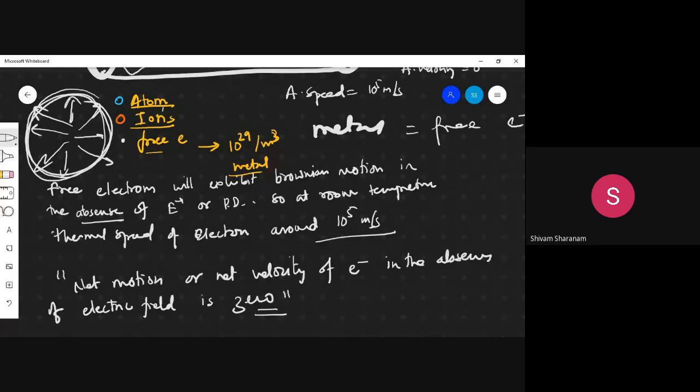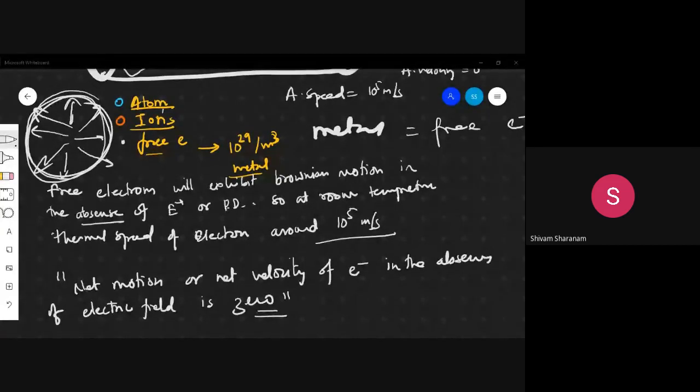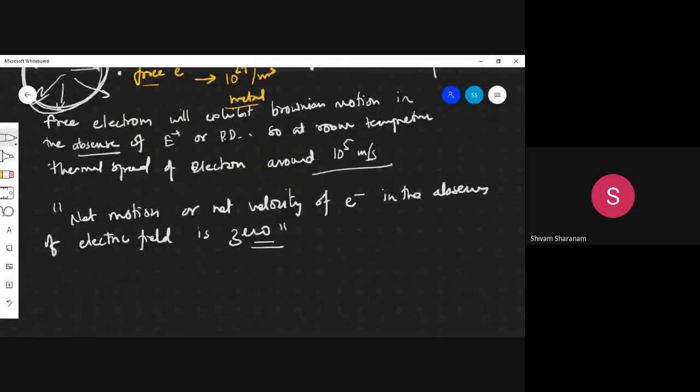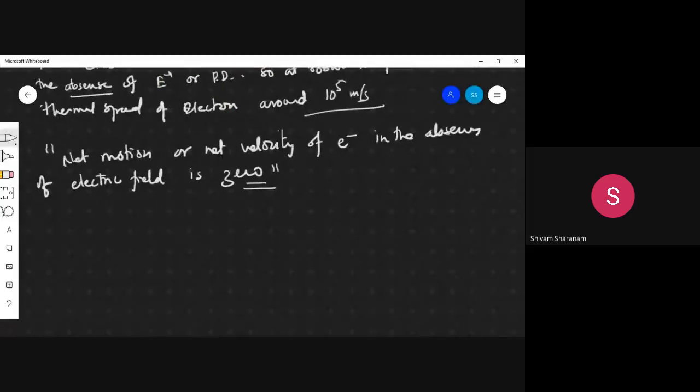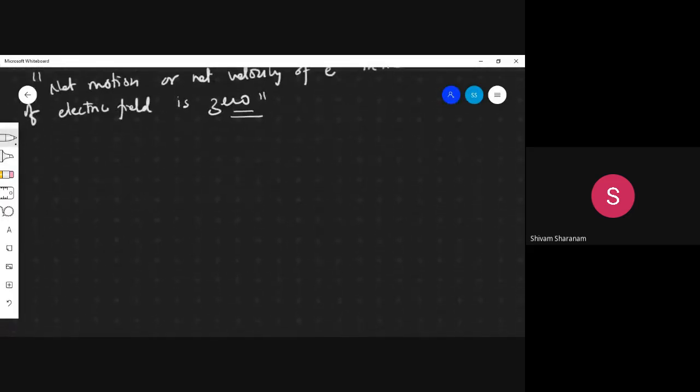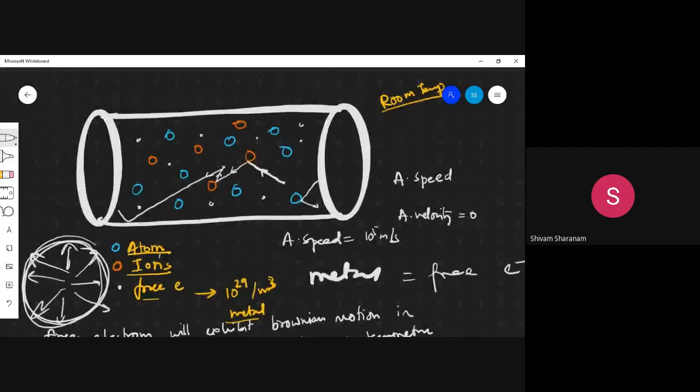Got it? This is clear. Net velocity will be 0. Okay. Then we have it here. Now the same. Let me take this.